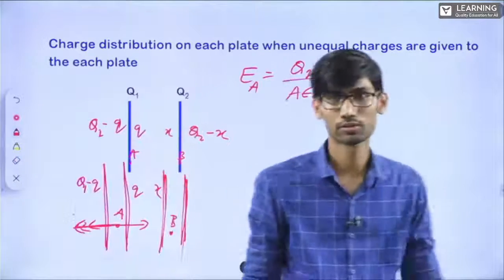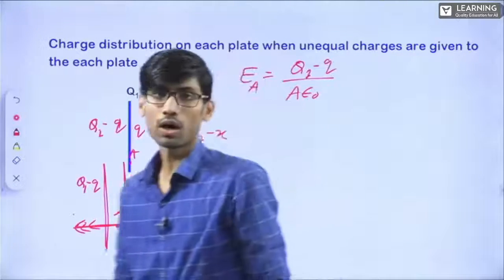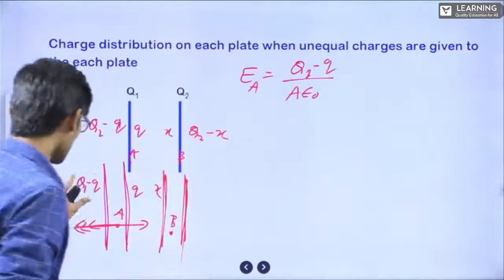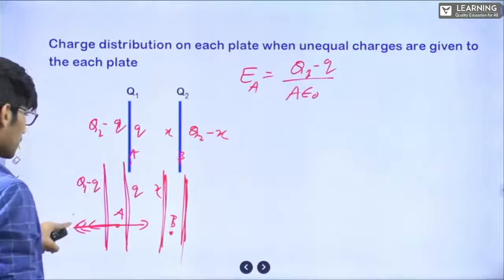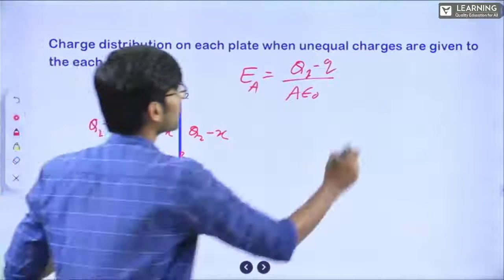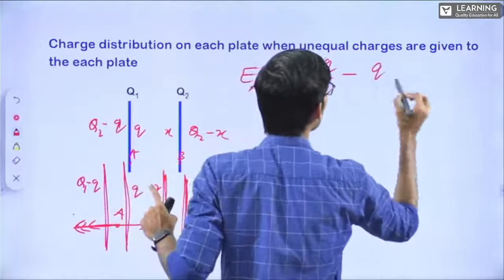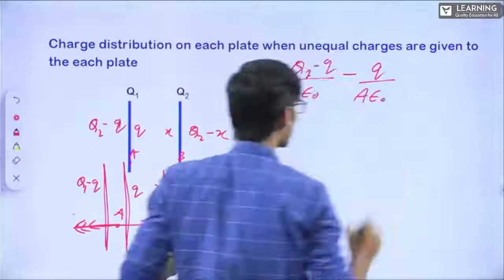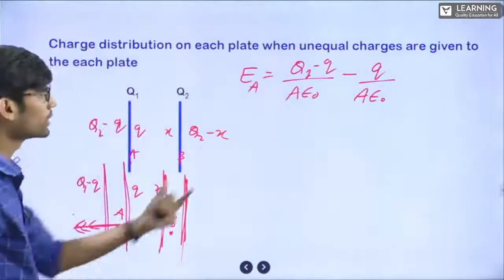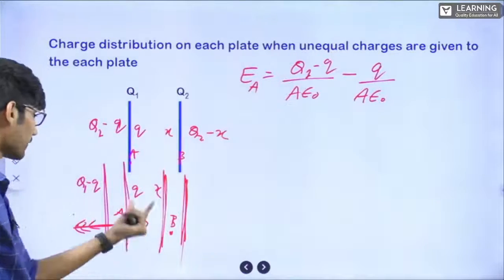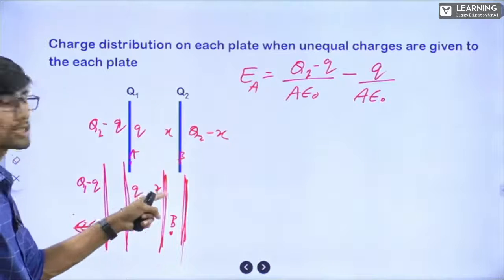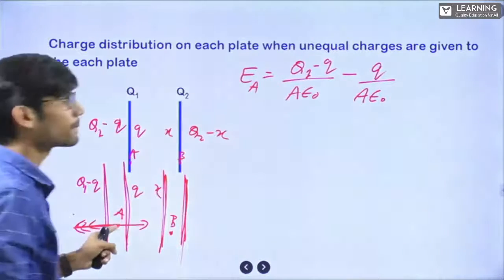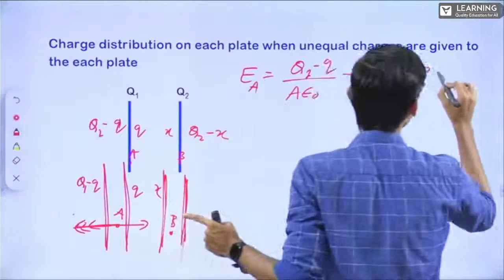Away from the charge. This one is due to this, that is Q1 minus Q upon A epsilon naught. Now due to Q, that will be minus Q upon A epsilon naught. Why minus Q? Opposite direction. Only this will be positive. Rest everything will be negative because it is opposite. Due to this charge, at A, minus X upon A epsilon naught.